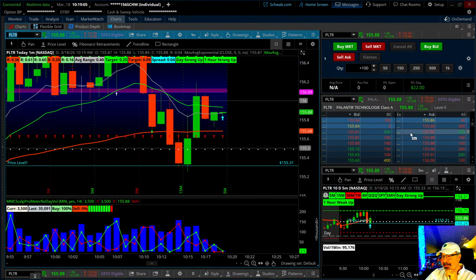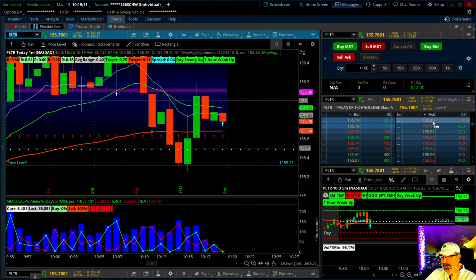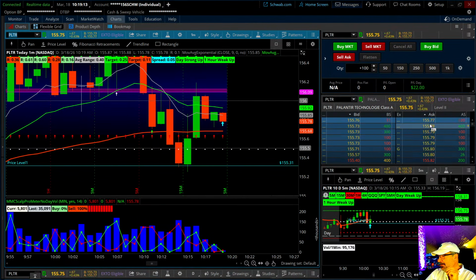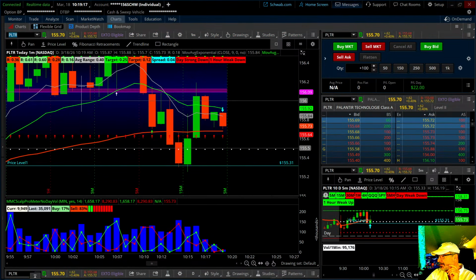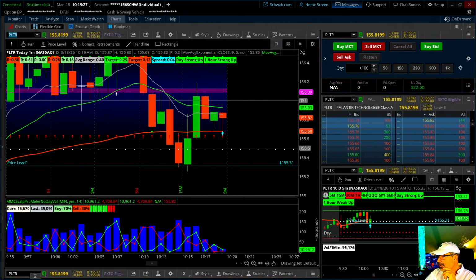All of a sudden it just stopped moving, and just look at this. Now it's only moving like 5 cents instead of the 10 cents it was a minute ago. I'm straightening out the spine, the QQQ over here, so I can get a better look.